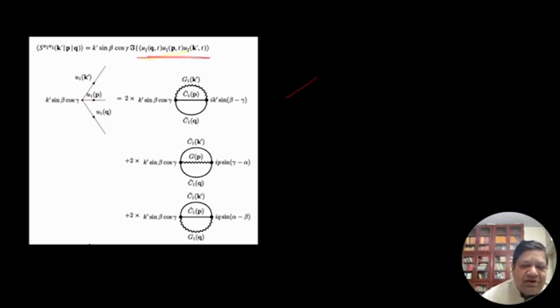So like before, what should I do? I have these 3 U's: U1 of K, U1 of P, U1 of Q. Like before, I am going to expand one of them using the Green's function. So let's expand the first one, Green's function, and 2 legs.